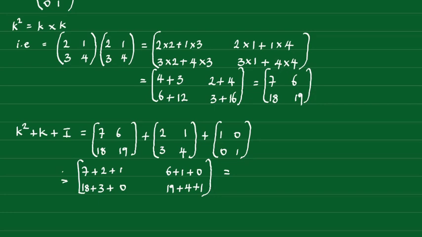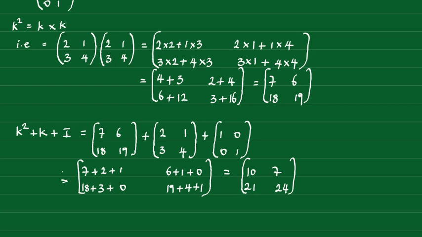All right, equal to bracket open, 7 plus 2 plus 1 gives us 10, 6 plus 1 plus 0 gives us 7, 18 plus 3 plus 0, we have 21, then 19 plus 4 plus 1 gives us 24.